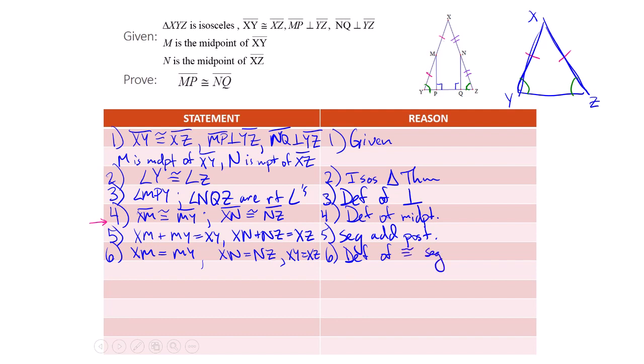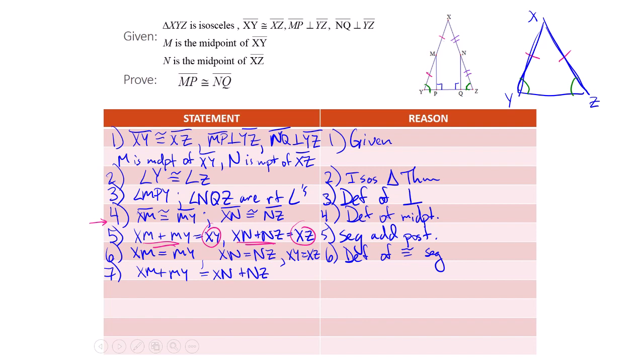If the segments are congruent, their lengths must be the same. Now I can use the transitive property to say, hey, if these are equal, that must mean these are equal. So XM plus MY must equal XN plus NZ.